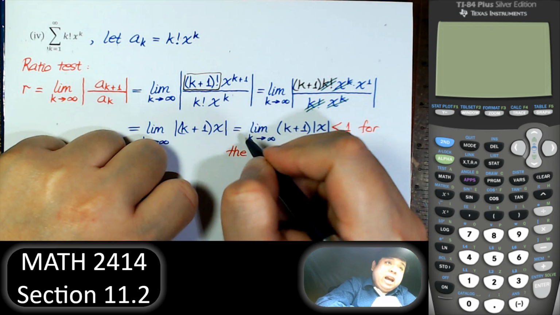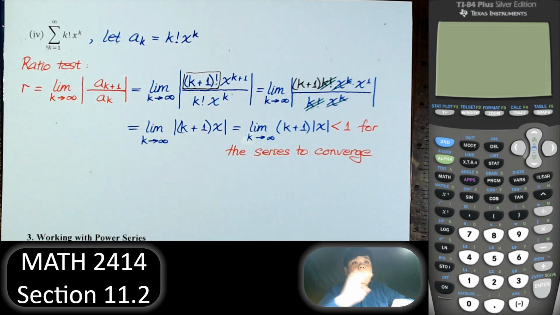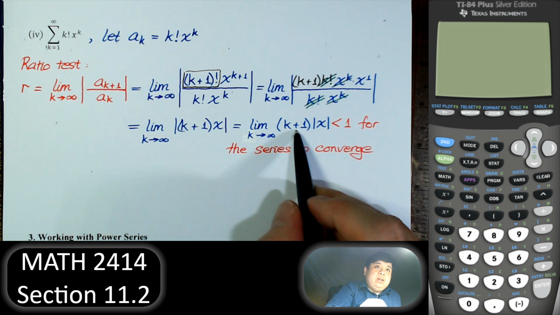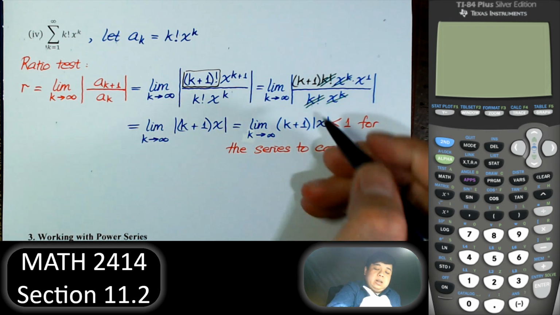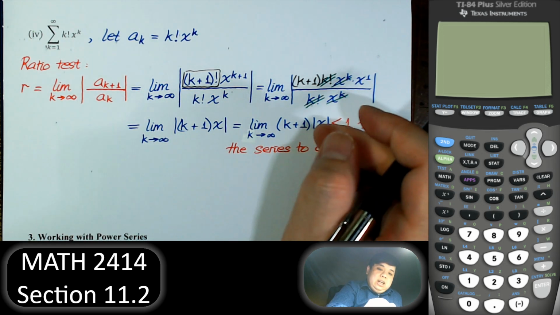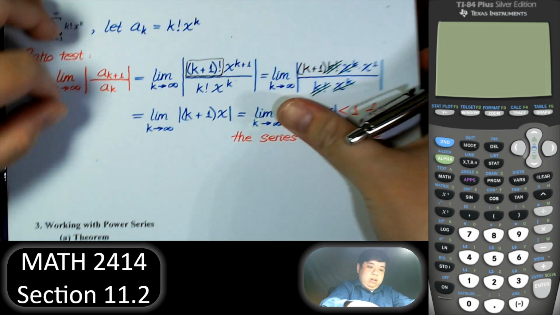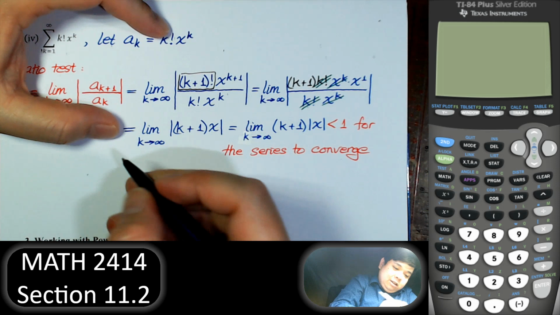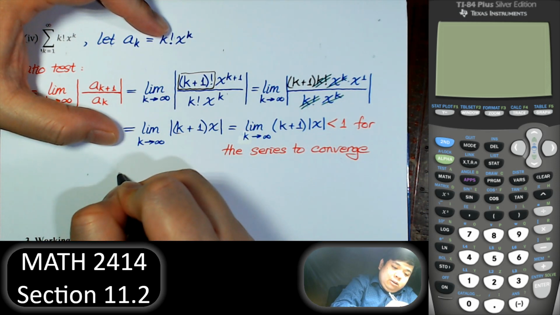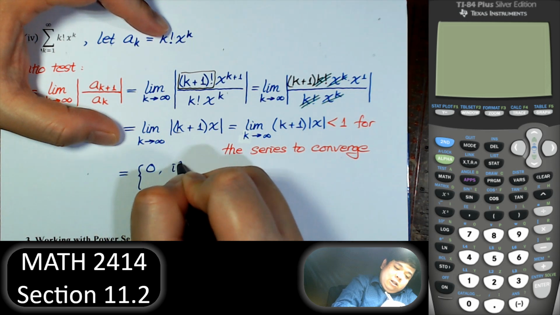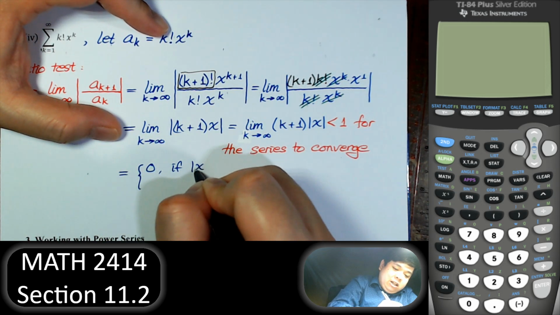Now, as k goes to infinity, k plus 1 goes to infinity. So any nonzero constant times infinity will be infinity. Unless, of course, x is equal to 0. If x equals 0, then we have the limit of 0 as k goes to infinity. So we say this is equal to 0 if the absolute value of x equals 0.